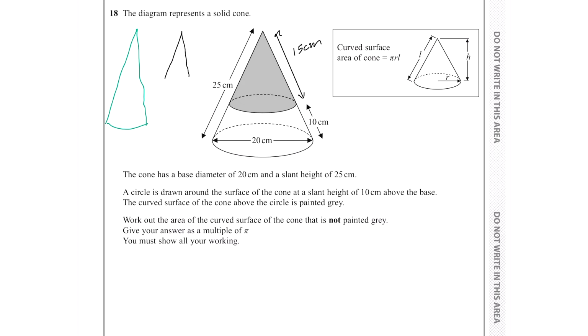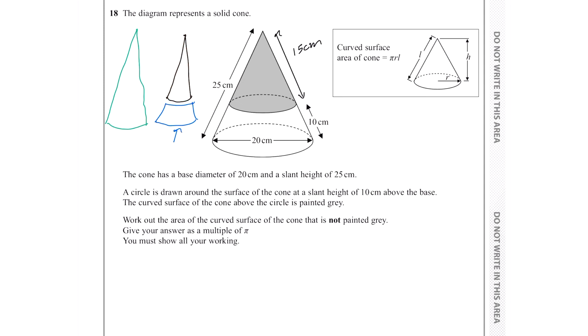So that's the grey bit that's painted, and then there's this bit at the bottom. The reason I've drawn this is in order to work out the surface area of the unshaded bit, which is this blue bit here, we're first going to have to find the surface area of the full cone, then find the surface area of the grey bit, then subtract the two, and that will give us this bit here, and that's what we're trying to find.